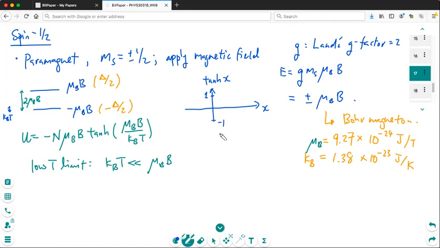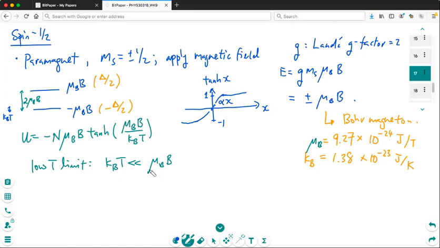At the large x limit, this function saturates like this. At the low x limit, this function behaves like x. There's no bump here, sorry. So at the low x limit, this is like a straight line with a slope of 1. So tanh x is like x. With this, you will be able to work out the limiting cases, large x limit and low x limit, by considering the appropriate limit.